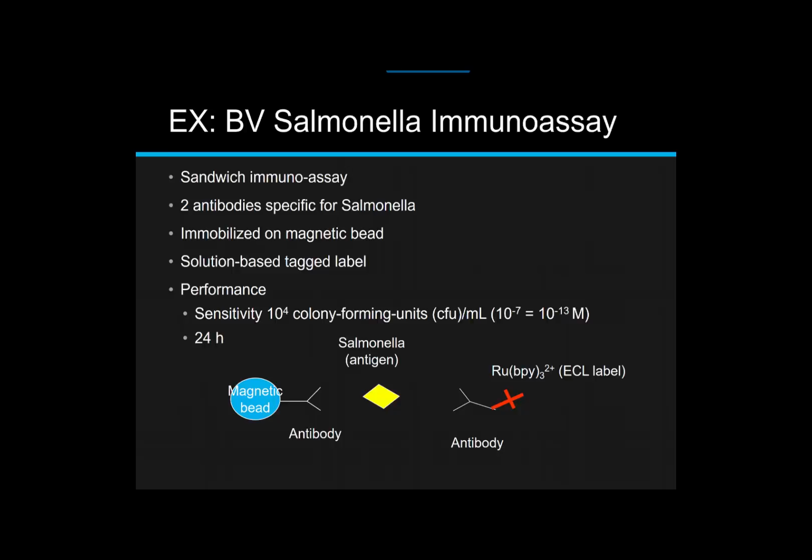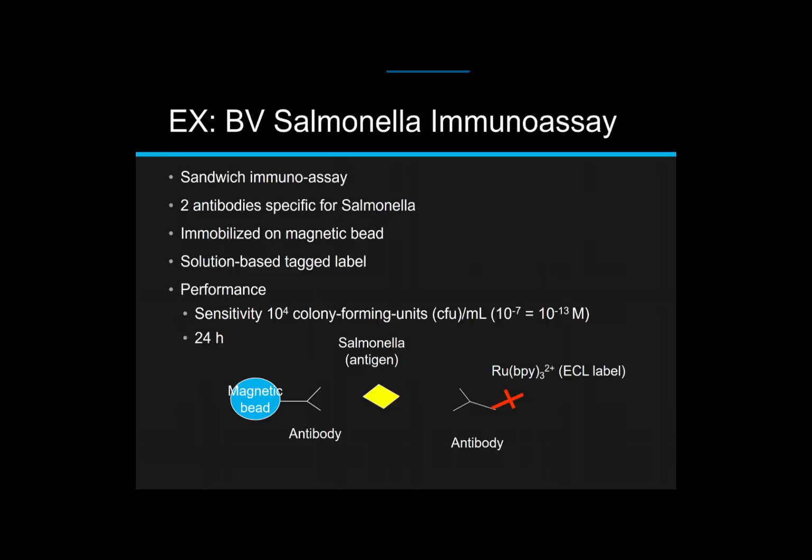You could bind one antibody to a magnetic bead, magnetic so we can fish it out of solution and rinse it off any excess reagent, and then capture the antigen. If you bind another antibody to our label, the ruthenium trisbipyridine, then we could form a sandwich. You've seen this before, and we can use the emission from the ruthenium trisbipyridine label to tell us about the antigen.